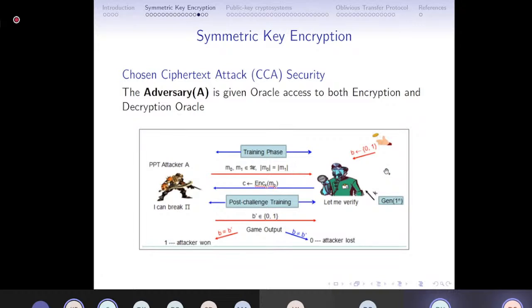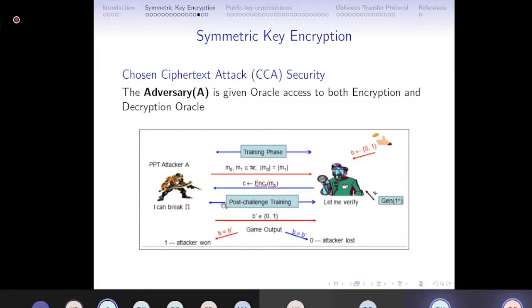The challenger tosses a coin, and based on the value b, it encrypts the message Mb and sends the ciphertext to the attacker. After that, again based on his choice, the attacker can encrypt or decrypt messages.